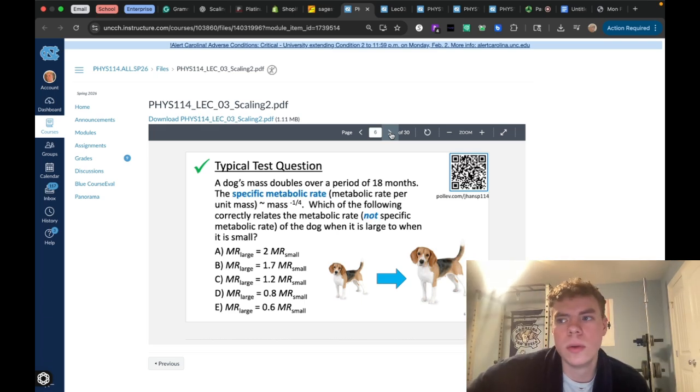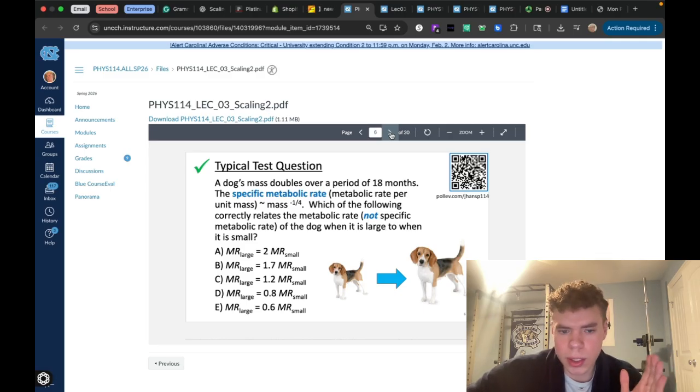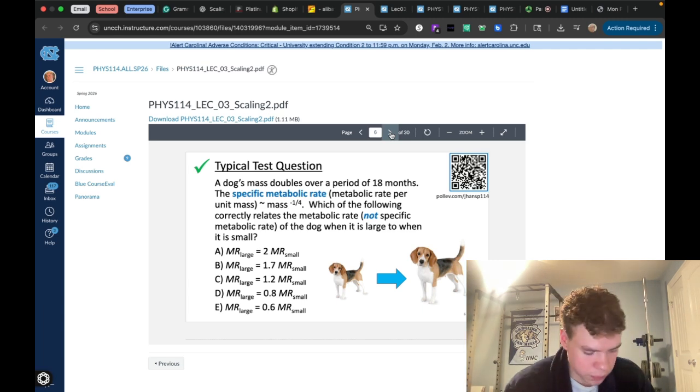So what you're going to do is, if the metabolic rate of the small dog is equal to mass to the negative one fourth, then the metabolic rate of the large dog is going to be the ratio of 2 divided by 1, to the negative one fourth. So how would this work?